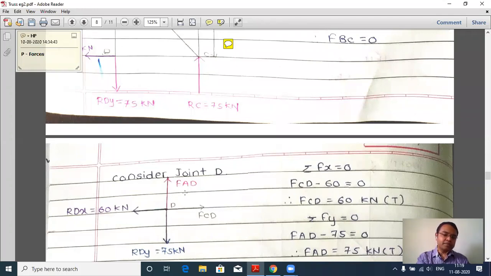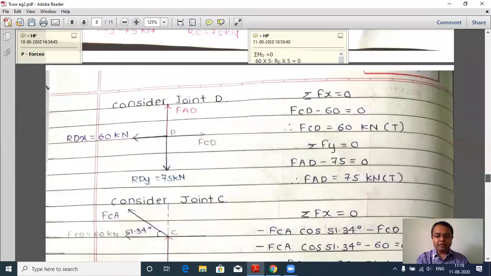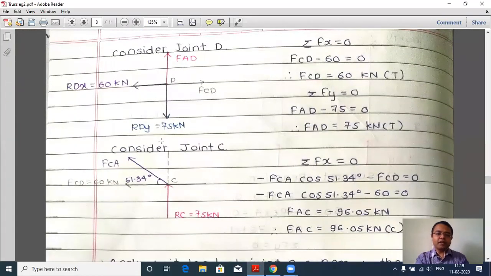Next, while analyzing a given joint, of course we don't know the force in the members of the truss, and we don't know the nature of the force either. So as the first step, we'll assume the nature of the force.